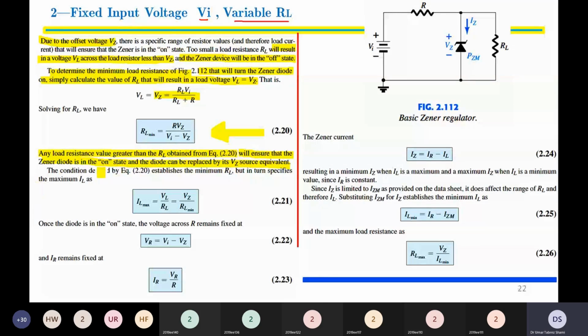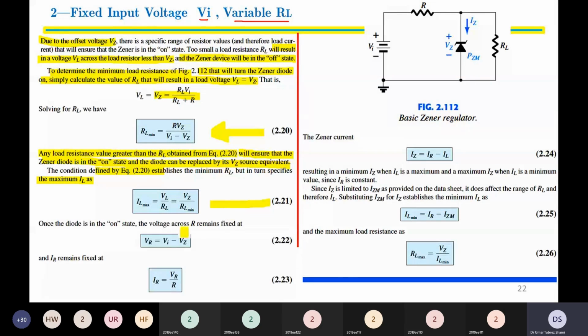The condition defined in equation 2.20 establishes the minimum RL, but in turn specifies the maximum IL. When we have minimum RL, it means that we are providing the maximum current, and our maximum load current is given in equation 2.21: IL maximum is equal to Vz divided by RL minimum.